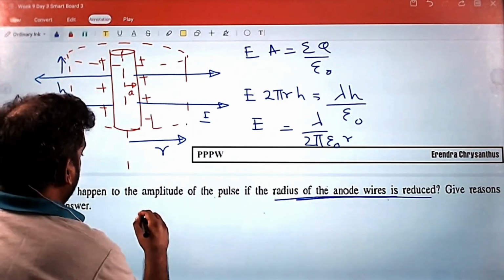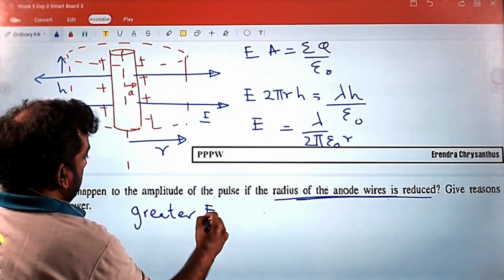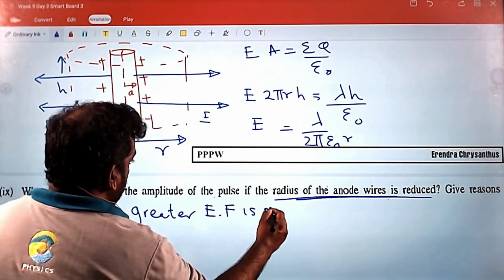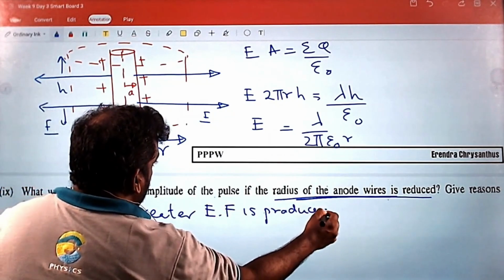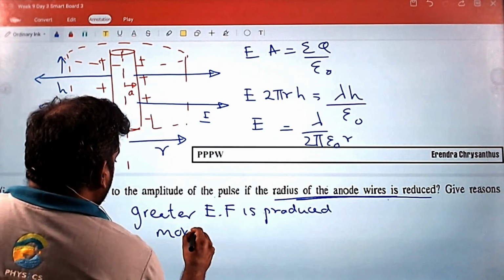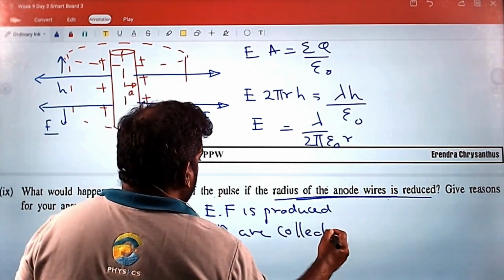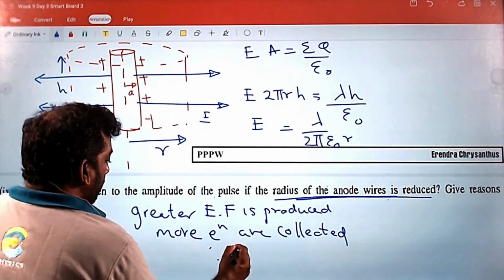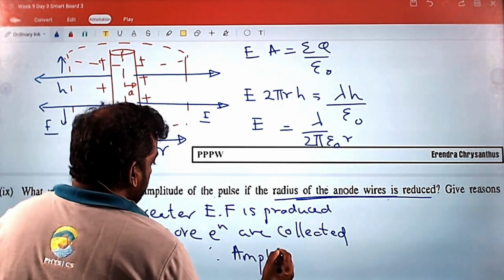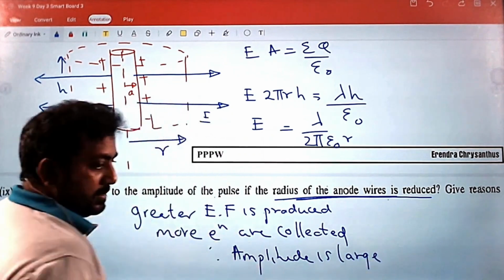So you can write: greater electric field is produced. More electrons are collected. Therefore, amplitude is large.